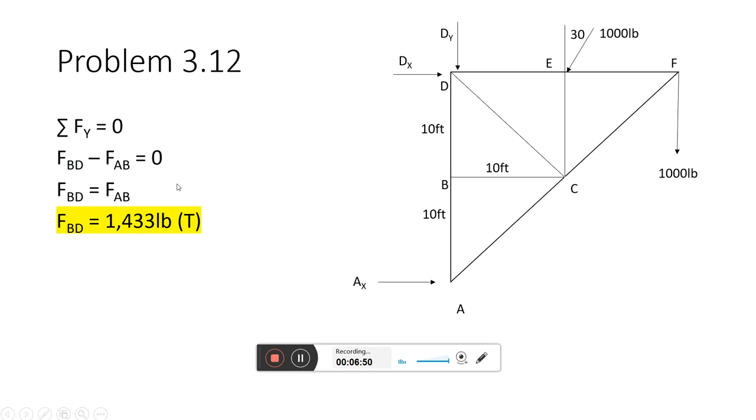So for BD, right here, we take the sum of all the y forces, and we have BD minus AB, which we found in the previous problem. So you have FBD equals FAB, which just means it's the same as AB, which we already found. So 1,433 of tension.